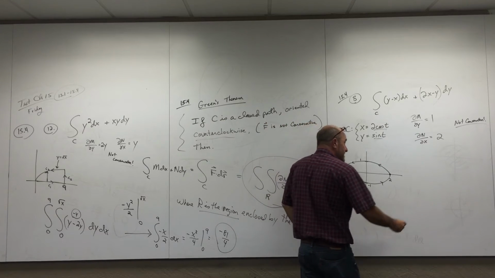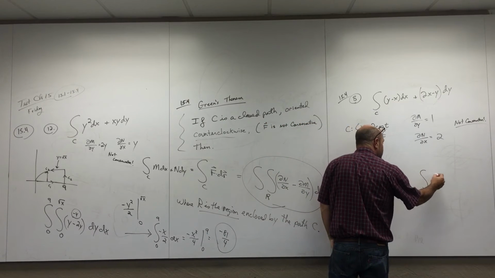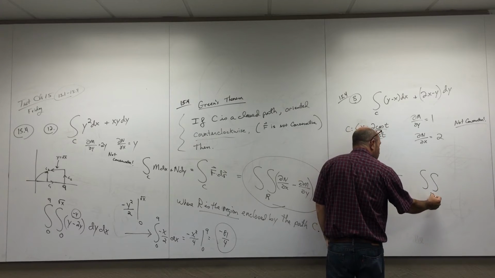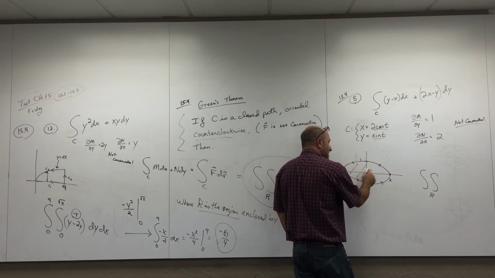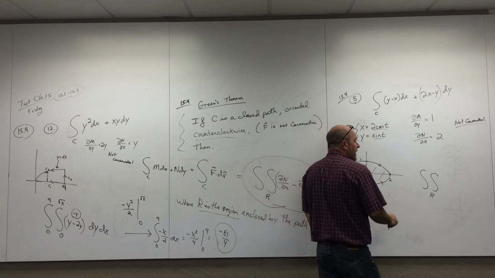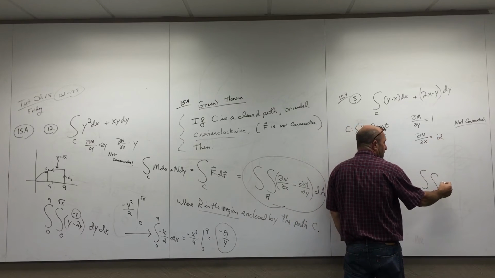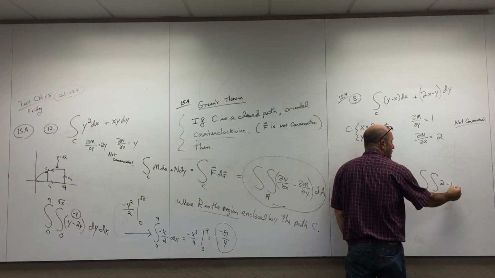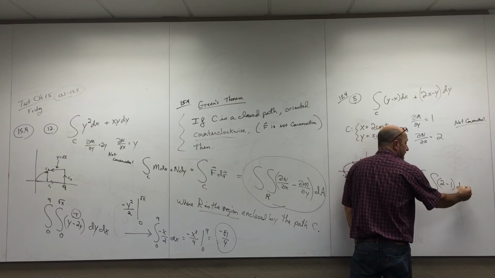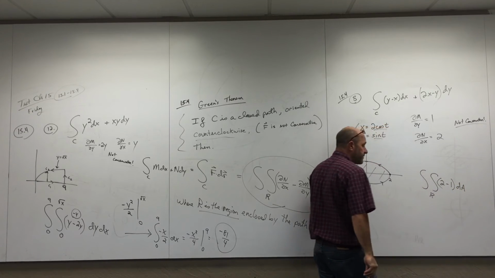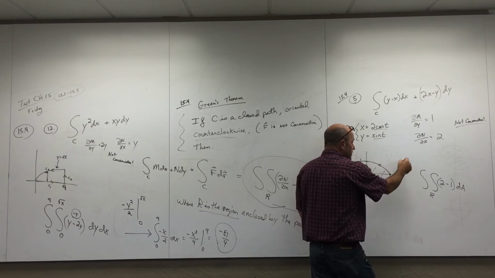If I set up Green's theorem, there's going to be an issue here, though. I'm integrating over this region, and it's an elliptical region. What am I integrating? I'm integrating 2 minus 1 dA. So here I am using Green's theorem.